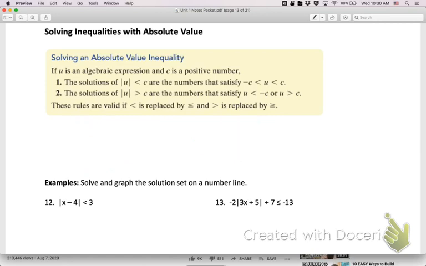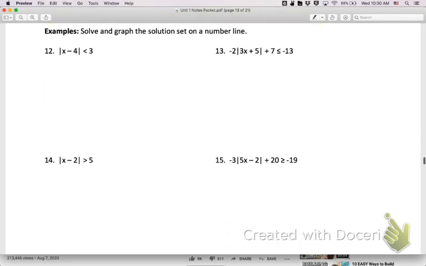So let's look at a couple of different examples here. So for number 12, the absolute value of x minus 4 is less than 3. The absolute value is already by itself. That's great. So we need to now interpret this as a distance. This says distance is less than 3.